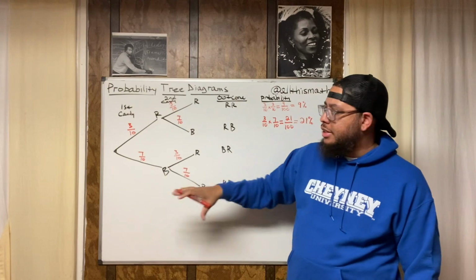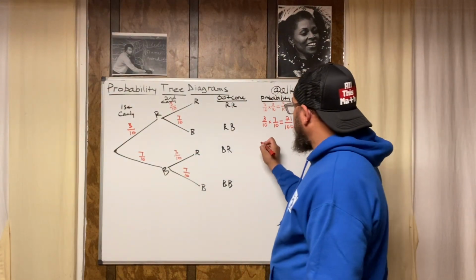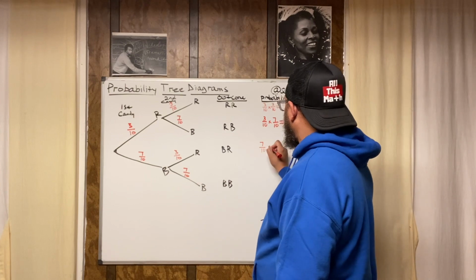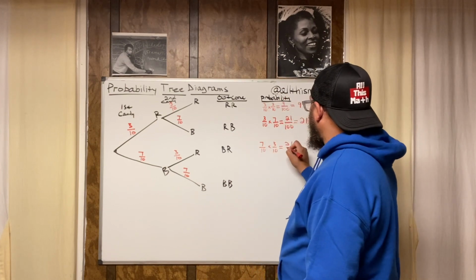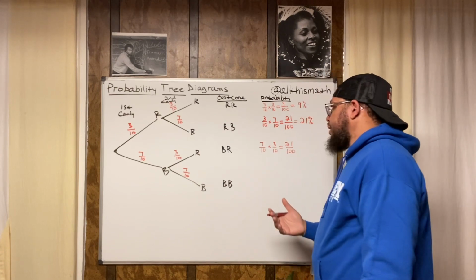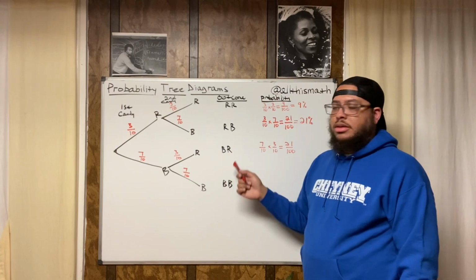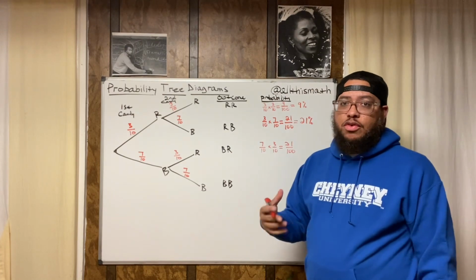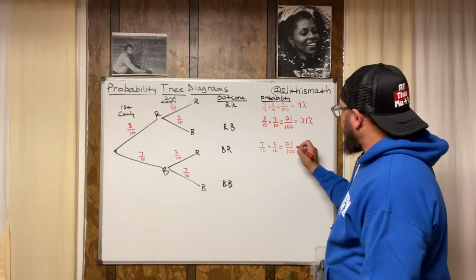You get to really see what's happening through the tree diagram. So we do 7/10 times 3/10, which gives me, again, 21 out of 100. Which should make sense because this is really the same as this. It's just in a different order, right? And in this case, a different order is counted as a different scenario. All right, so that's, again, 21%.